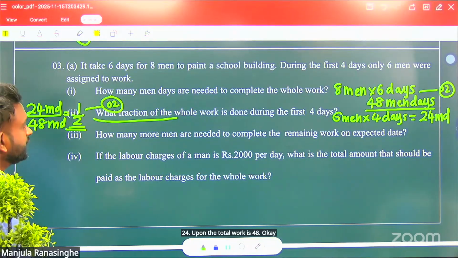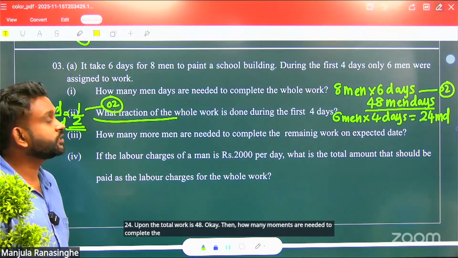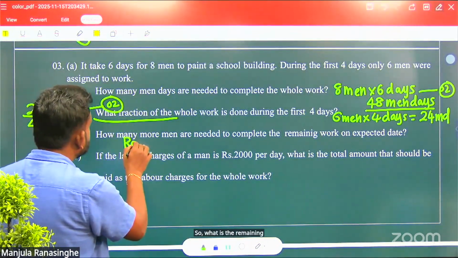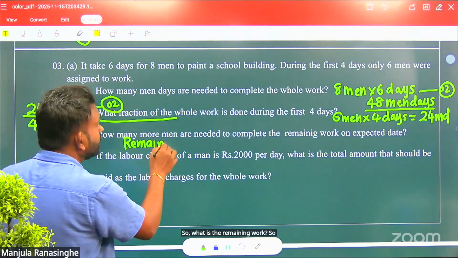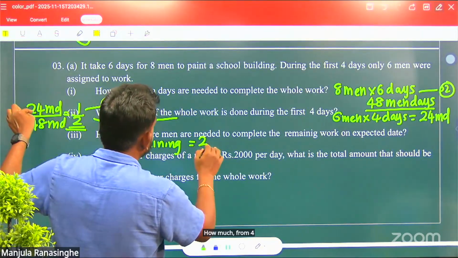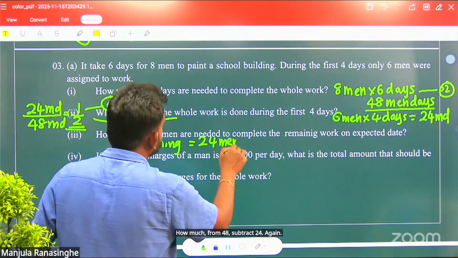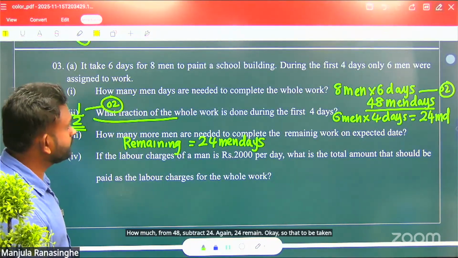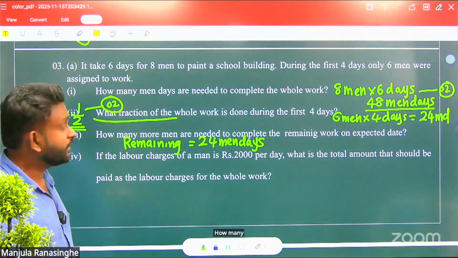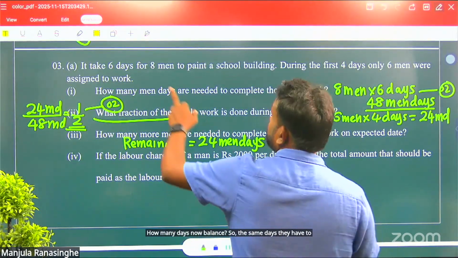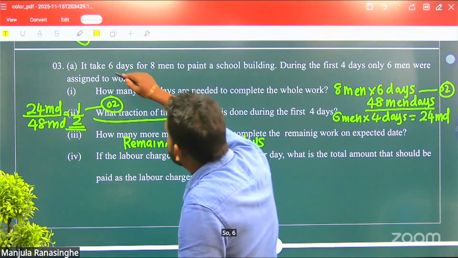Okay. Then how many men are needed to complete the remaining work on the expected day? So what is the remaining work? From 48 subtract 24. Again 24 remain. So that has to be done in how many days now? The same days they have to complete the task. So 6 days is the total task expected.